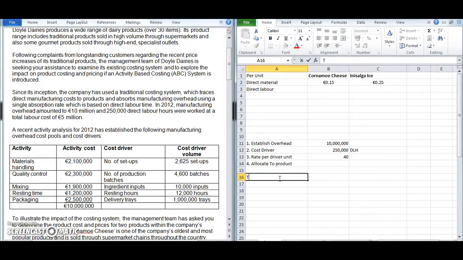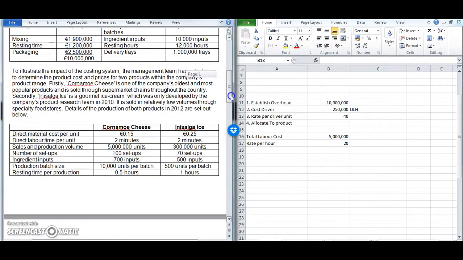Therefore, we know the total labour cost, which is 5 million, and we know the number of hours, which is up here, so we can get the rate per hour based on 5 million divided by 250,000. So the actual labour rate per hour is 20 euro. And we know each unit takes 2 minutes.